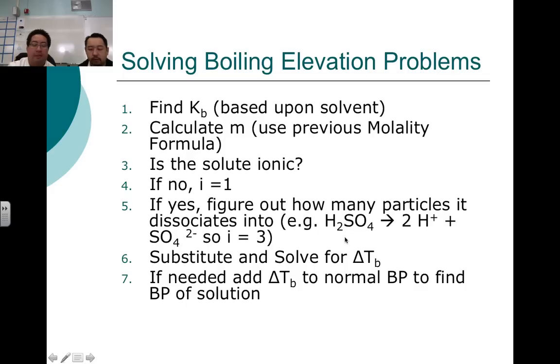So for instance, if I have sulfuric acid, it's 2 H plus ions and 1 sulfate ion, so the Van't Hoff factor would be a total of 3. Your acid here is breaking into 3 parts, and you have to multiply it. Then we would substitute our numbers for our variables and solve for delta Tb, and we would add this to the normal boiling point to find the new boiling point of the solution.